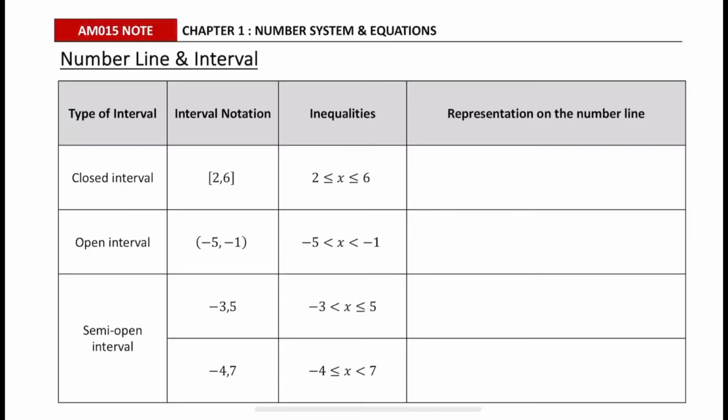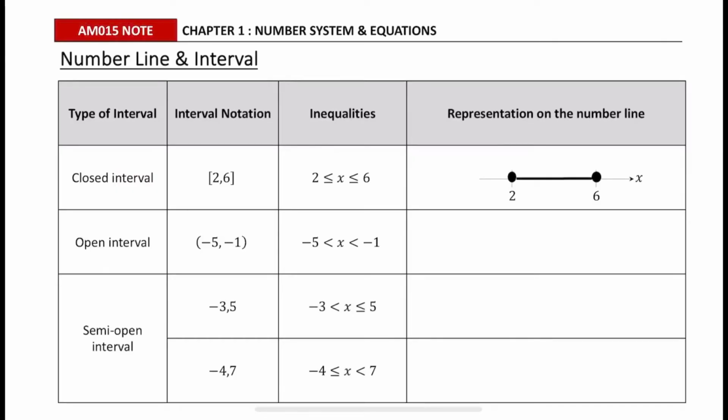This means that it includes both endpoints. To represent it on the number line, we must first draw the number line with the endpoints 2 and 6 in ascending order. Then, draw a dense circle at both endpoints and join them by a line.